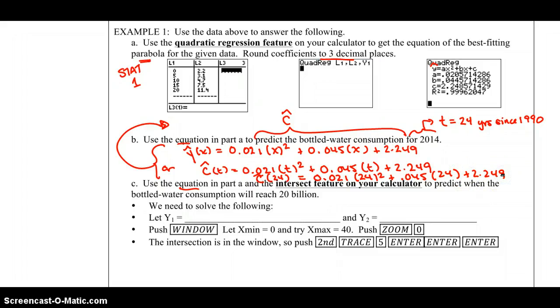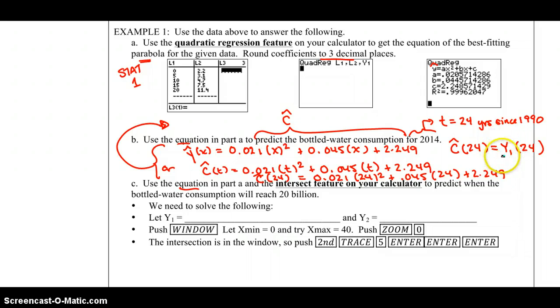Okay, so this is one way that we can get this answer. The other way is we need to remember that we actually stored this equation next to y1. So another way that we could get this same information, the estimated consumption when t is 24, is to use that stored equation and plug in 24.